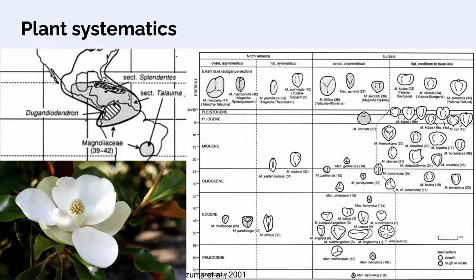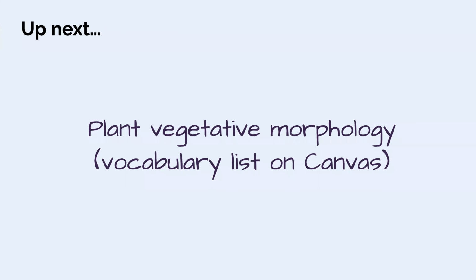So just an illustration here of a few different components. We've got a set of fossil pollen grains here, and then biogeographical distribution and where these fossils were found. And then also part of this study could be some phylogenetic study and so on. And eventually somebody knows a whole lot about this genus Magnolia. All right, so that's that topic. Next up, we'll be talking about vegetative morphology.